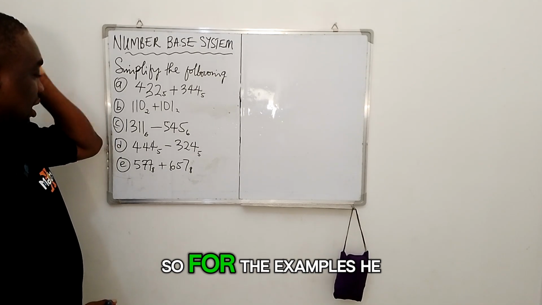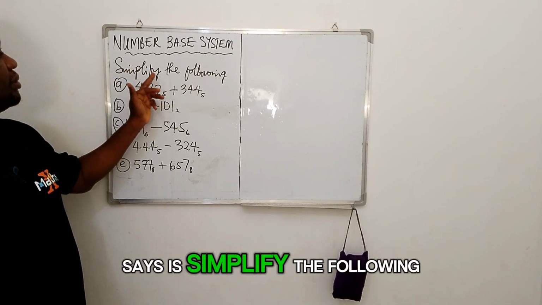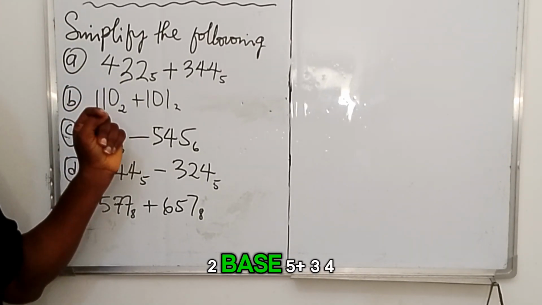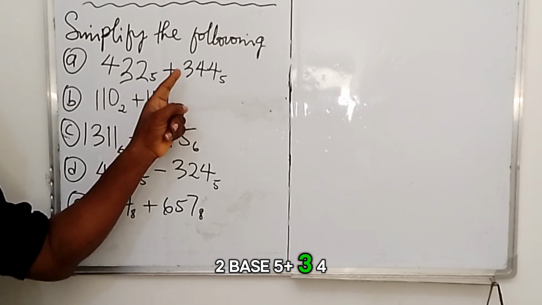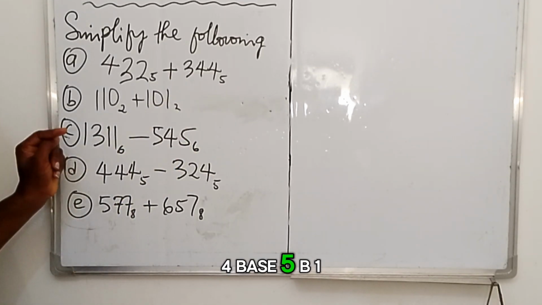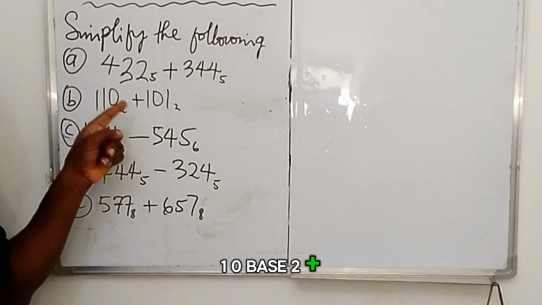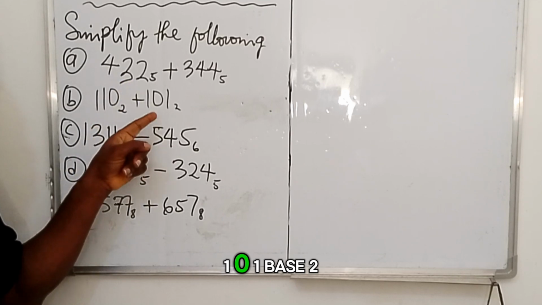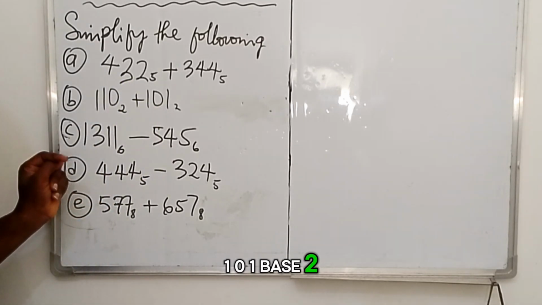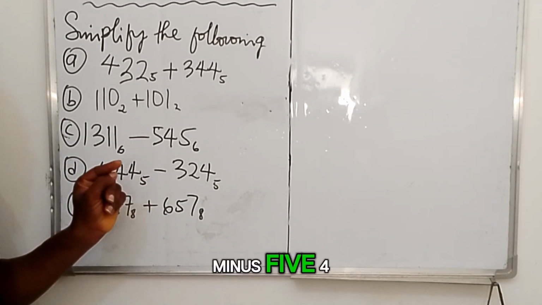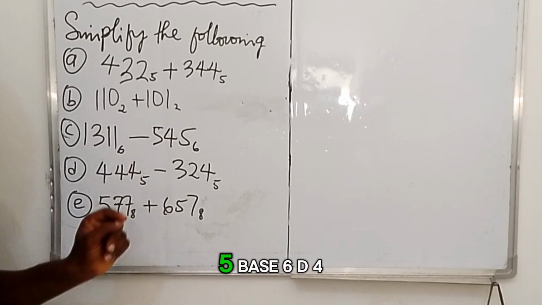So for the examples, it says here, simplify the following. A, 432 base 5 plus 344 base 5. B, 110 base 2 plus 101 base 2. C, 1311 base 6 minus 545 base 6.